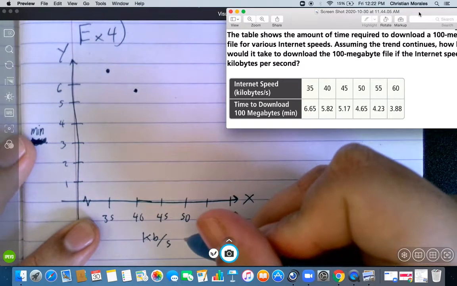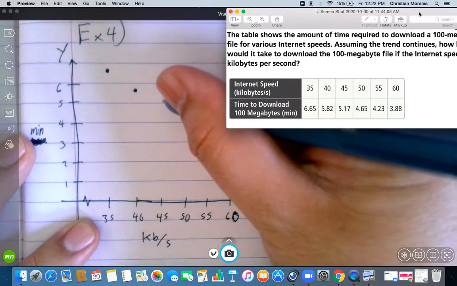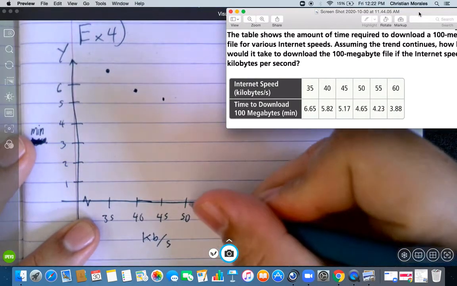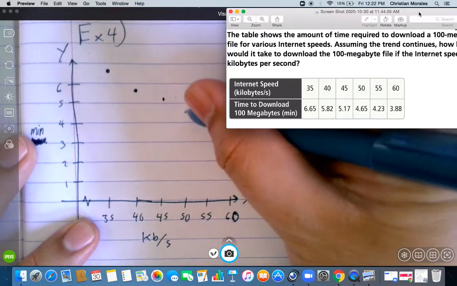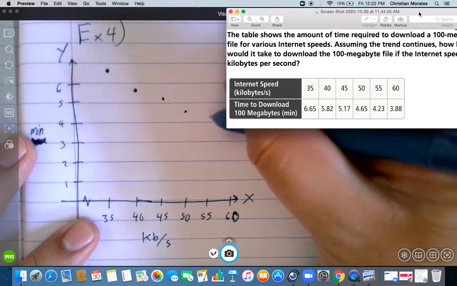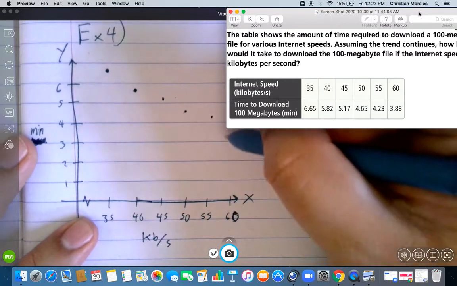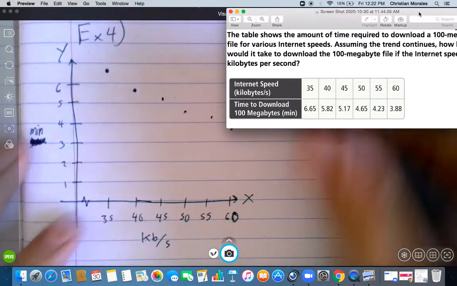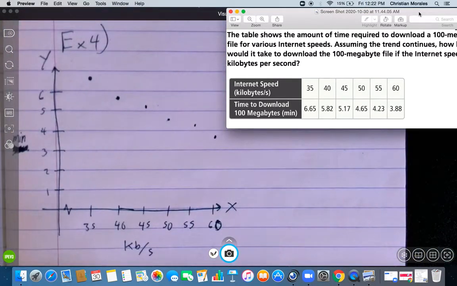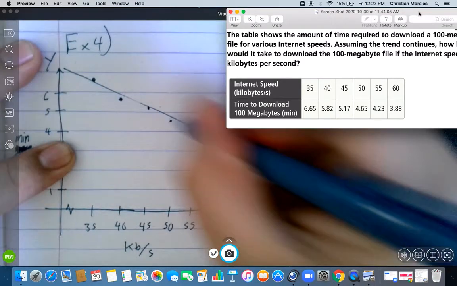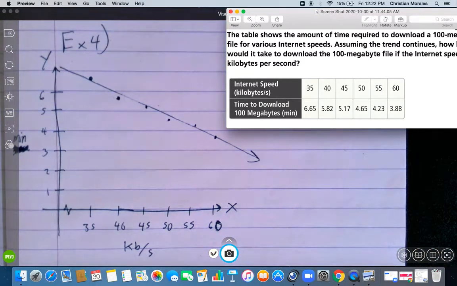And then 45, 5.17. 50 takes about 4.65. 55 takes 4.23. And then 60, 3.88. So it would look something like this, right? And then you would draw your trend line right here through the middle, something like that.